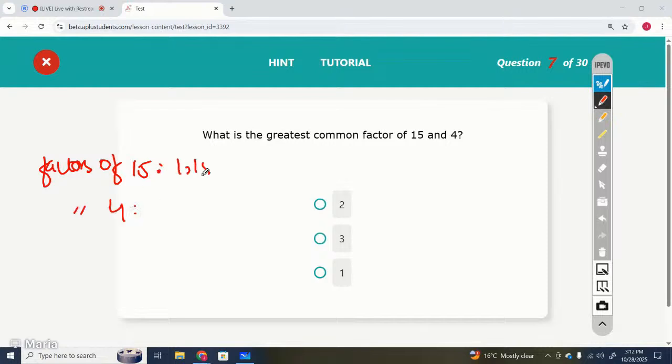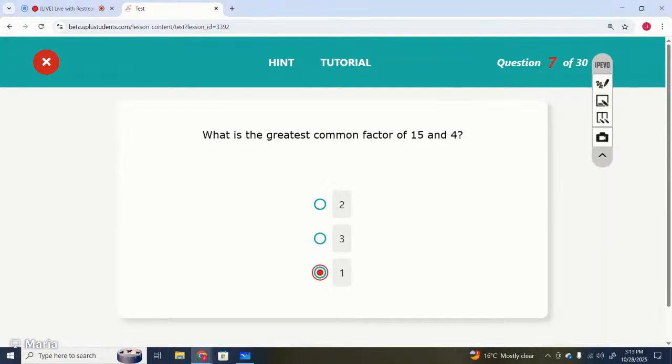Factors of 15 are 1 times 15 and 3 times 5. The factors of 4 are 1, 4 and 2. So the only common number is 1, so the correct option is 1. Option number 3 is the correct option.